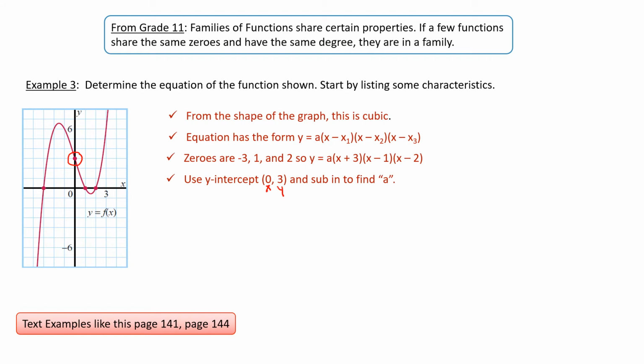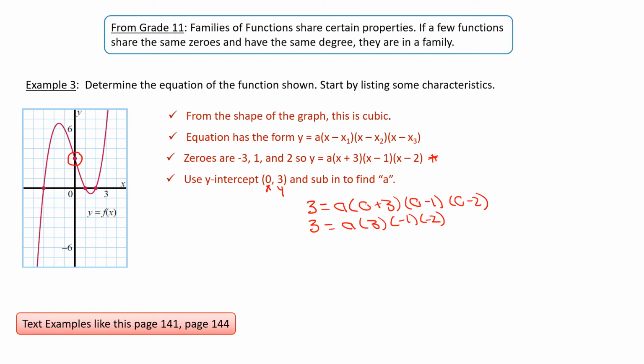We'll put it into the equation that we have so far, right here, and we get 3 equals a(0 plus 3)(0 minus 1)(0 minus 2). So we tidy that up. That's a 3, that's a -1, and that's a -2.